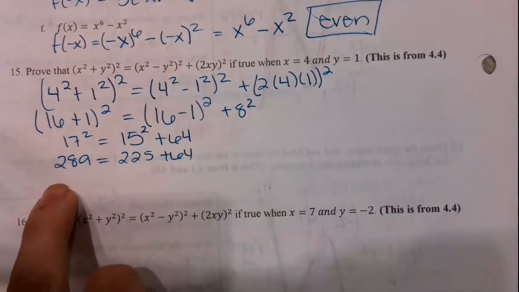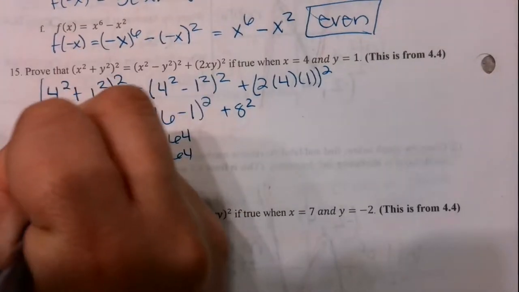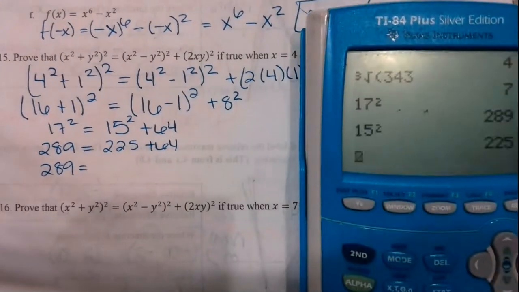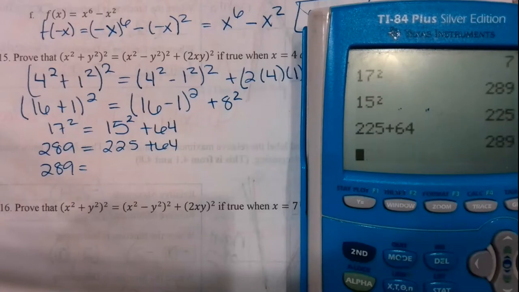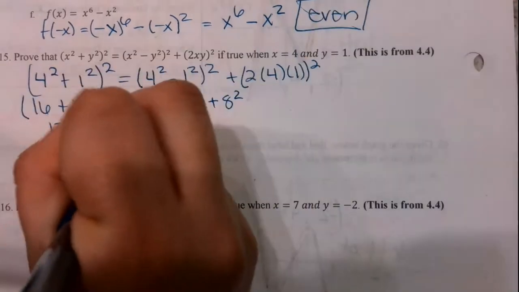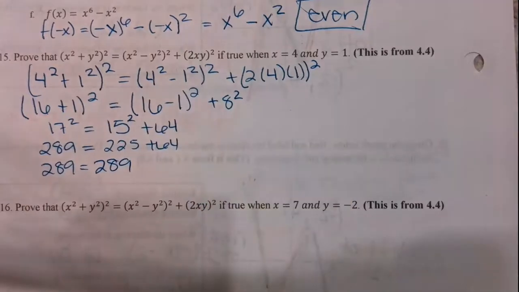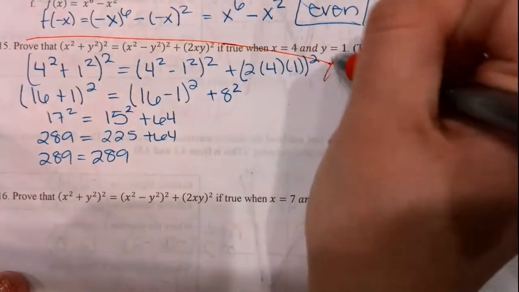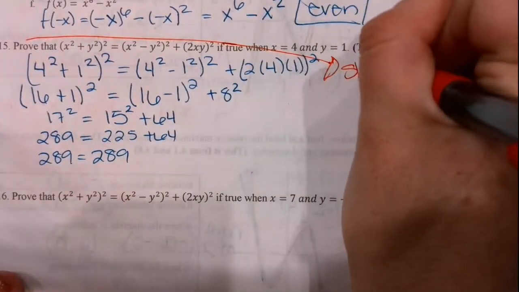Then left side stays the same. So I still have 289. And then I just need to calculate or prove that 225 plus 64 works. It does. That's all I need to do for this problem. I just need to plug in and show. So basically when it says prove, it's just asking me to show my work.